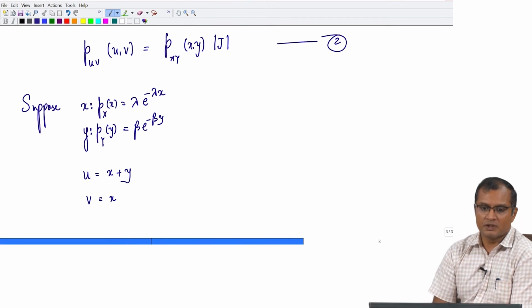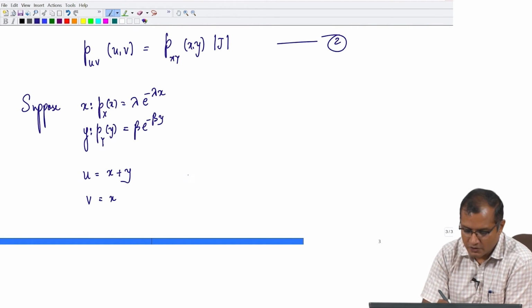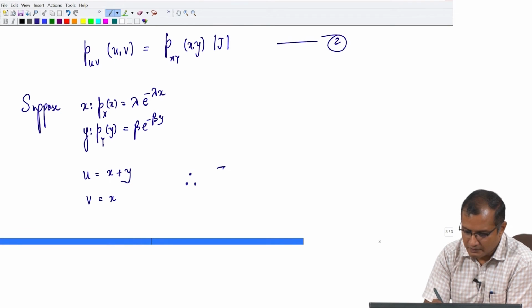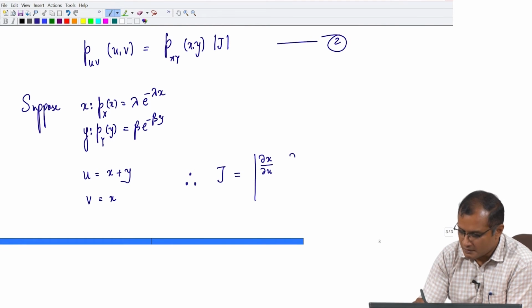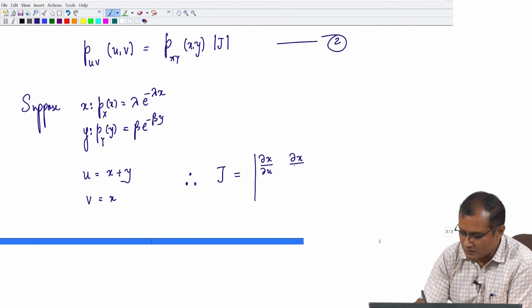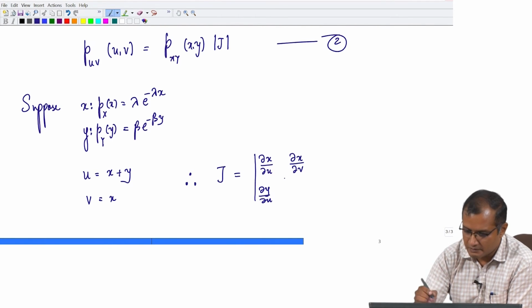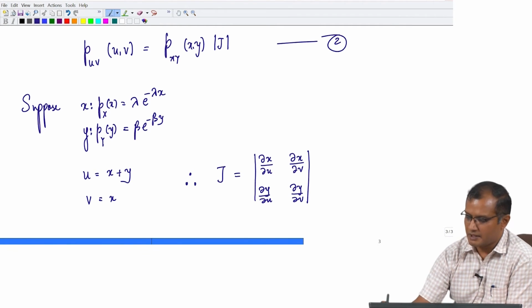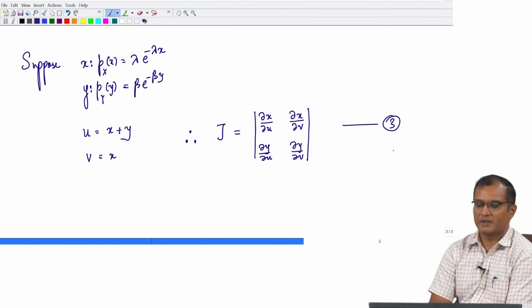So, now let us compute the Jacobian. We have gone from x y to u v. So, therefore, the Jacobian is dx over du, dx over dv, dy over du and dy over dv. Okay. So, we can call this equation 3, our Jacobian.